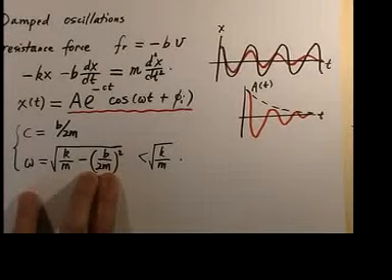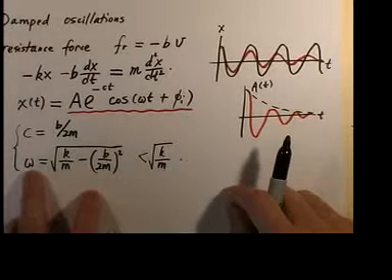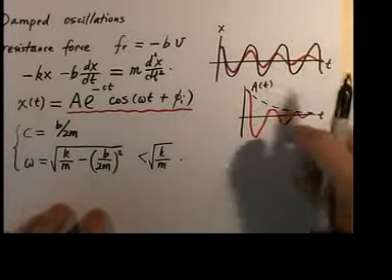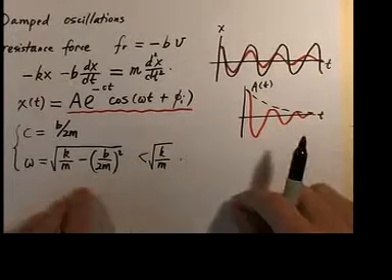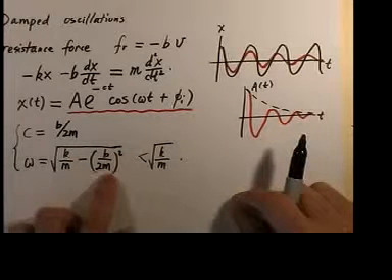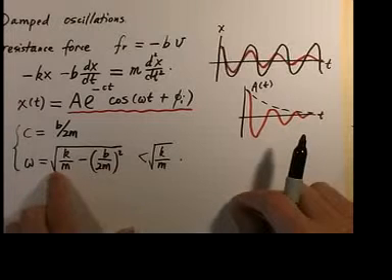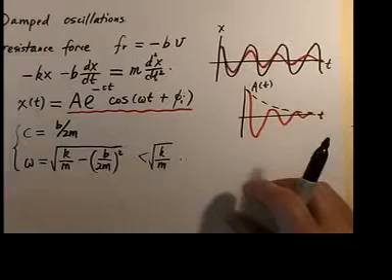If that is not satisfied, then omega is an imaginary number, and you're not going to really have an oscillation at all. So we have three possibilities: the first term is greater than, equal to, or less than the second term.